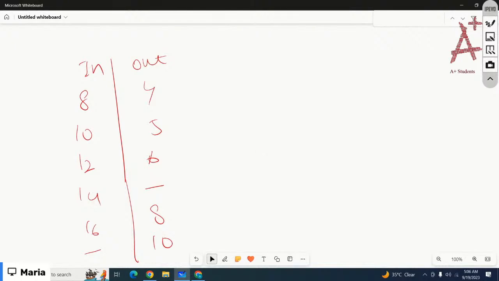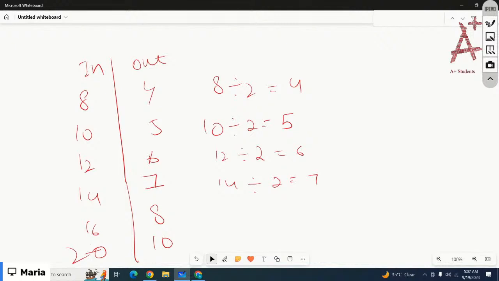You can see the output values are decreasing, right? It would be 8 divided by 2 equals 4, 10 divided by 2 equals 5, 12 divided by 2 equals 6, 14 divided by 2 equals 7. So that would be 7. And here you have 10 times 2, that would be 20, right? Okay, you can complete it. We'll do the practice questions later, right? Let's look at the next lesson.